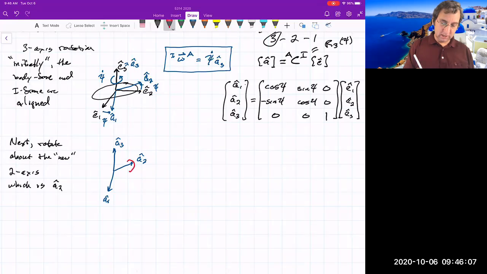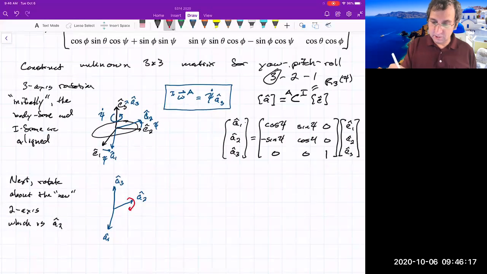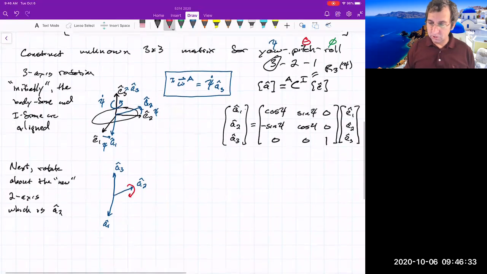There's going to be a rotation, right-hand rule: my thumb pointing in the A2 direction, my fingers curl in the direction the rotation is happening. Let's remind ourselves of the angles: yaw was psi, then pitch is theta, and roll will be phi. Okay, yaw, pitch, and roll.